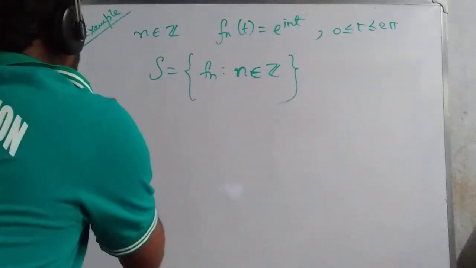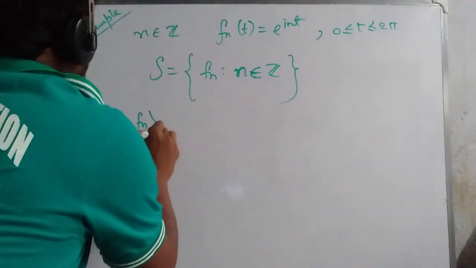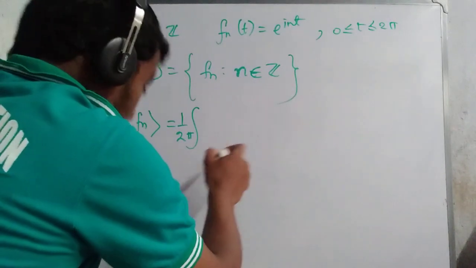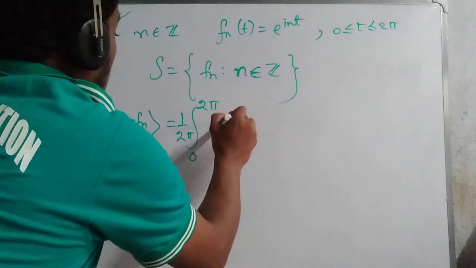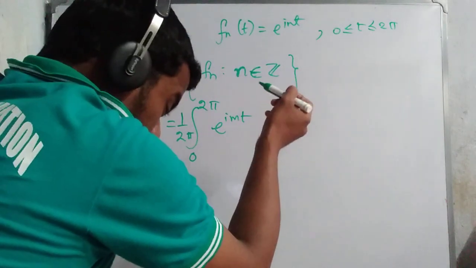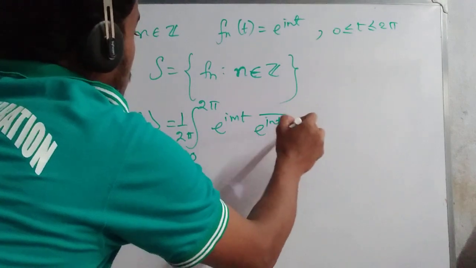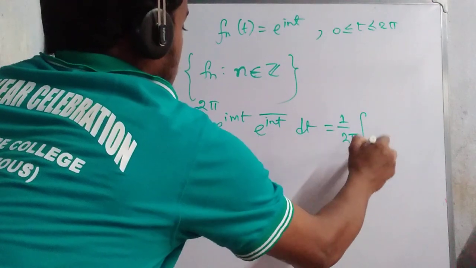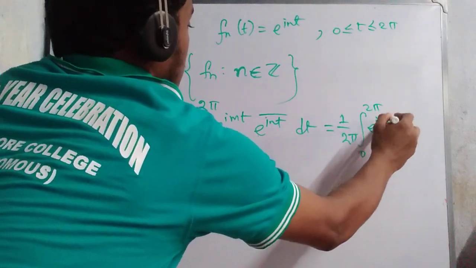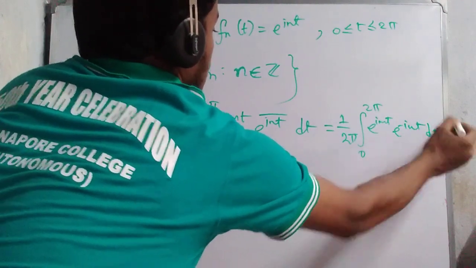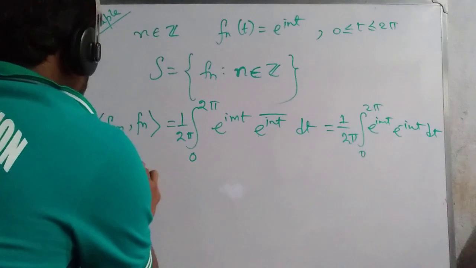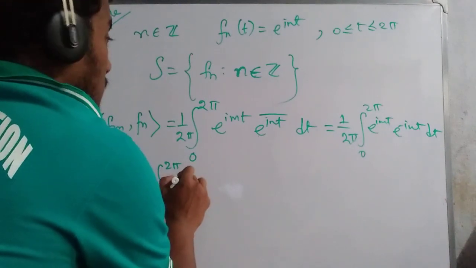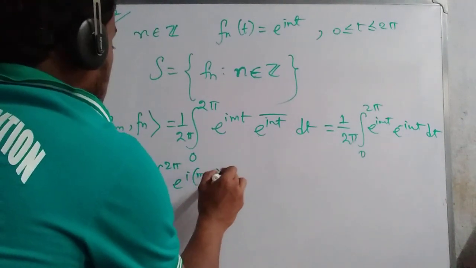Then we talk about this: if m is not equal to n, the inner product of e_m and e_n equals 1 by 2 pi, integral from 0 to 2 pi of e to the power i m t times the conjugate of e to the power i n t dt. This equals 1 by 2 pi integral from 0 to 2 pi of e to the power i m t e to the power minus i n t dt, which equals 1 by 2 pi integral of e to the power i (m minus n) t dt.